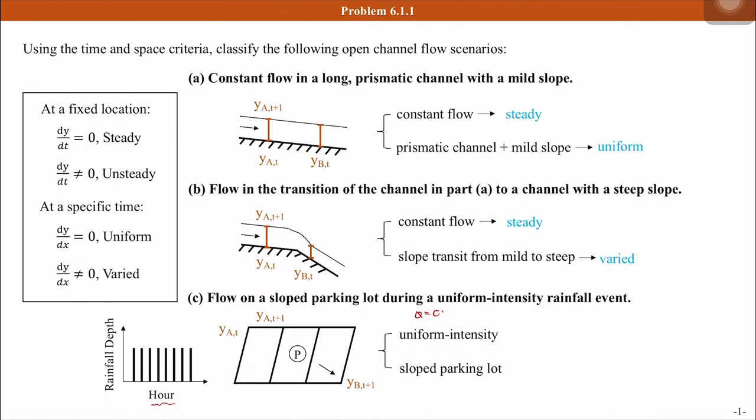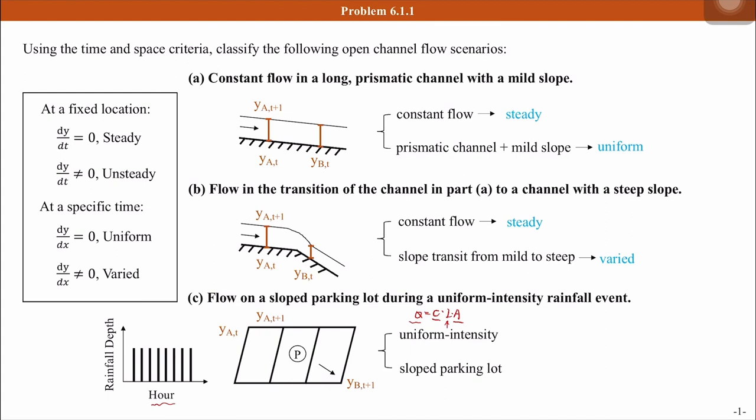C is a coefficient, I is intensity, A is an area. C and A are constants, and because the intensity is uniform, the flow rate doesn't change with time. So it is a steady flow.